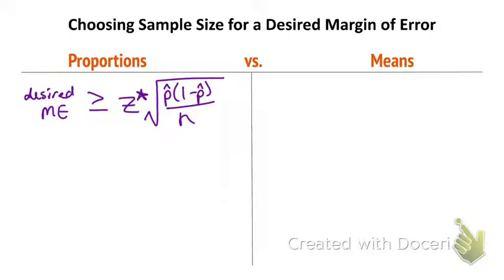So for this situation only, we will use Z star to estimate the T star, okay? So the desired margin of error has to be greater than or equal to the Z star times the standard deviation of the sample over the square root of N.